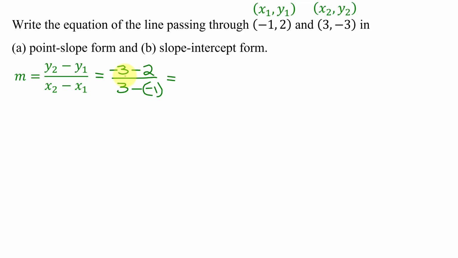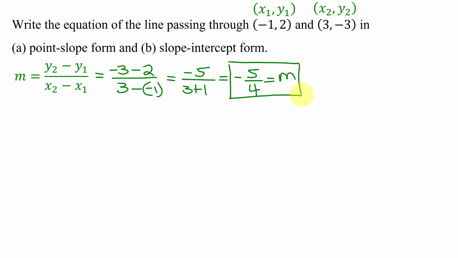Now simplifying this, -3 minus 2 is -5, divided by 3 minus a -1. Minus a negative becomes add the opposite, so it's going to be 3 plus 1. So my slope is -5 divided by 3 plus 1, which is 4. So that is the value for m in this problem.